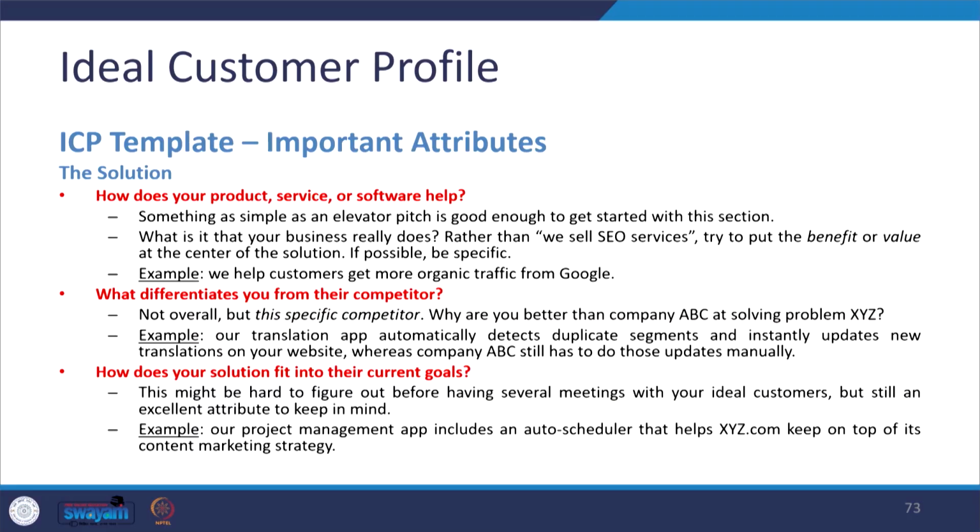Not overall, but for this specific competitor: why are you better than company ABC at solving problem XYZ? You need to communicate and convince the client when he is already using a competitor's products or services. And then, how does your solution fit into their current goals? The most important part. This might be hard to figure out before having several meetings with your client, but it is still an excellent attribute to keep in mind.